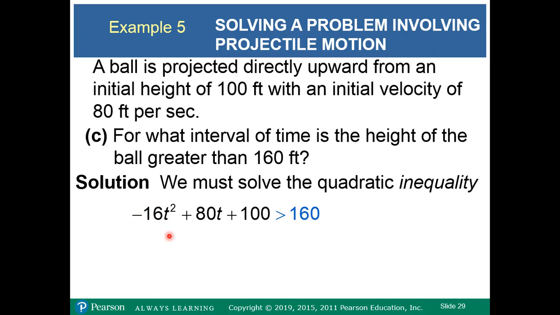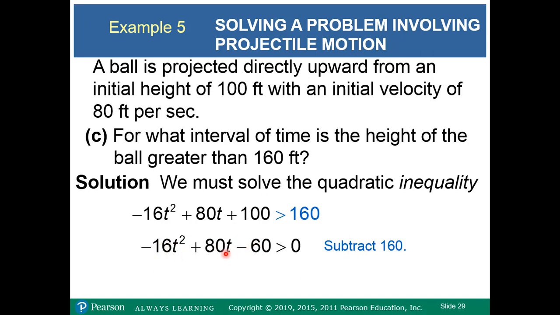So we want to subtract 160 from both sides, and so we get this. Now we want to find out where it's greater than 0 based on this quadratic. Let's see if we can factor out anything else. We can definitely factor out a 2, because they're all even.